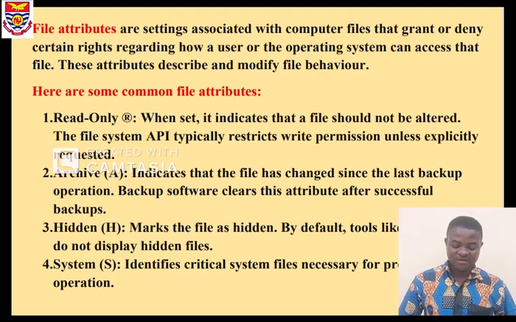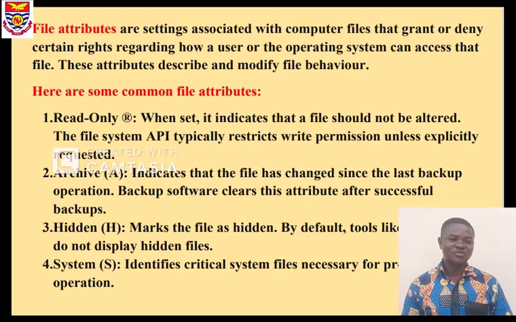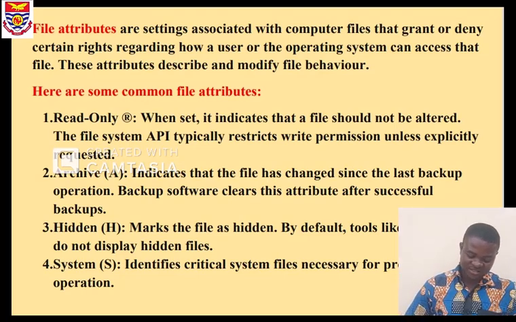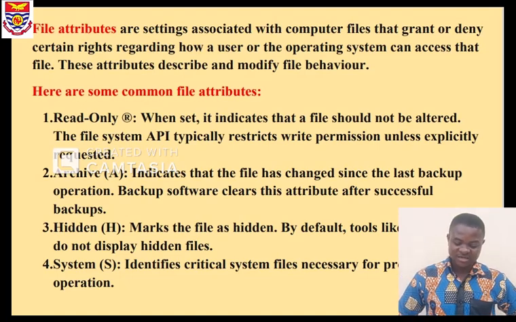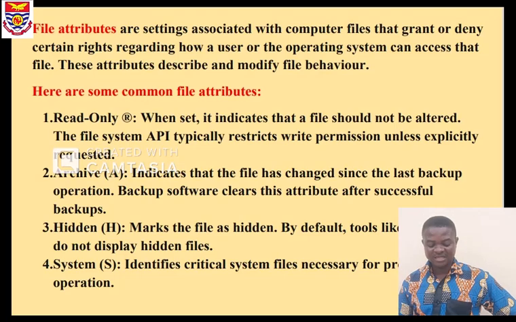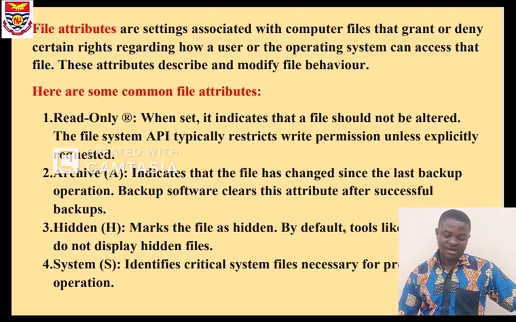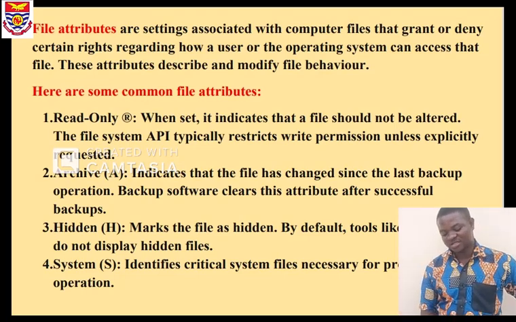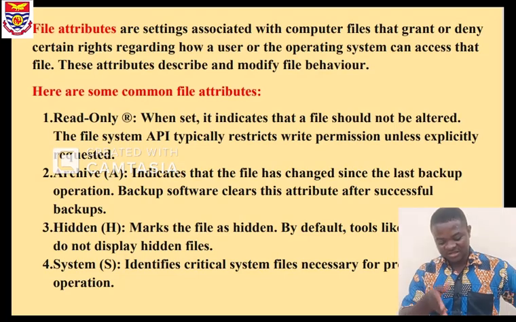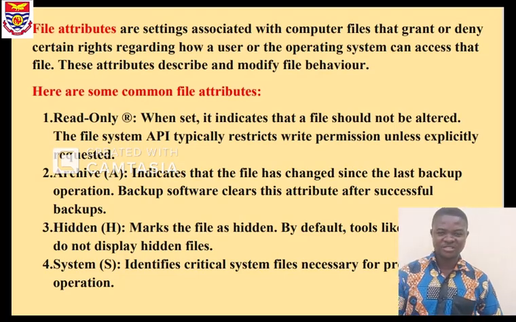So when a file is given the hidden attribute, it will not be visible on the computer system. The next attribute is system. System identifies critical system files necessary for proper computer operation. So another attribute for the computer system file is system, as it covers the operating system of the computer.